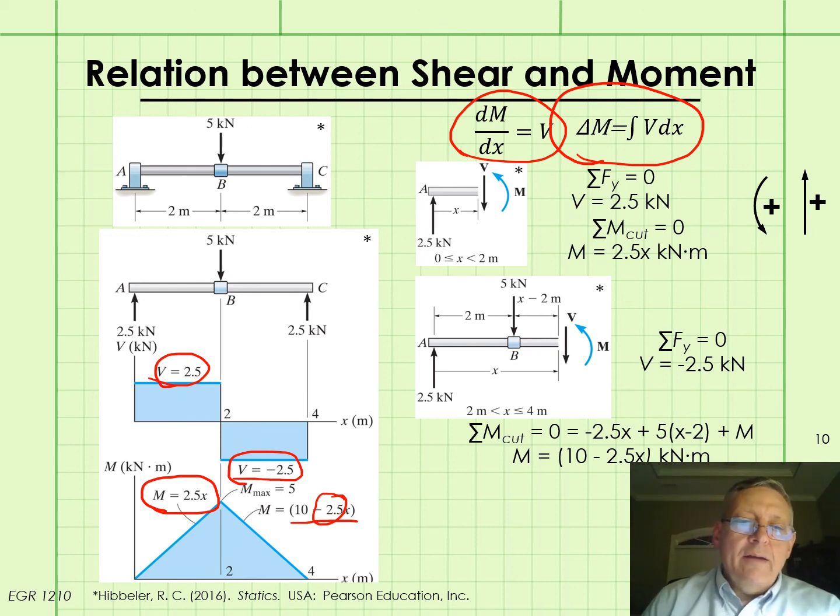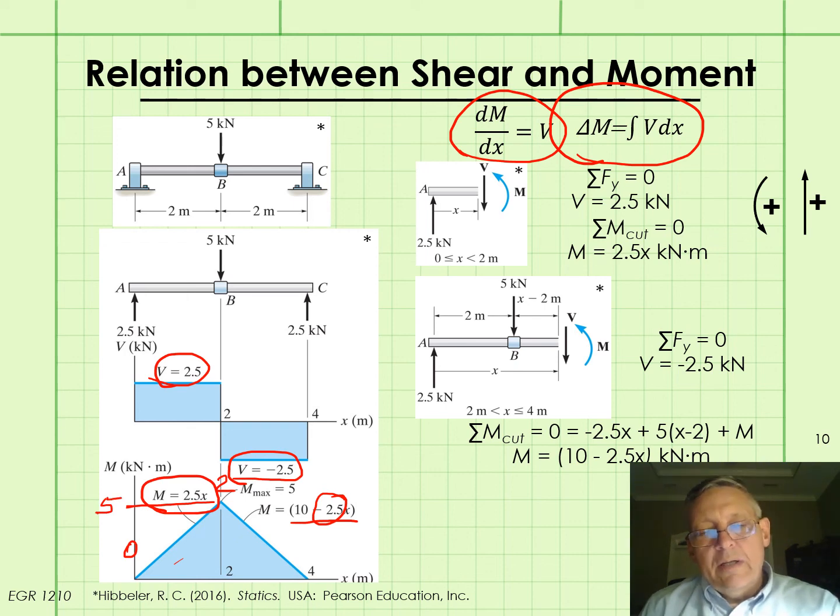So let's look at, again, our first segment, where we'll take our values of x as 0 and 2. The change in the moment between x equals 0 and x equals 2 is the moment starts at 0, and at x equals 2 the moment is 5 kilonewton meters.